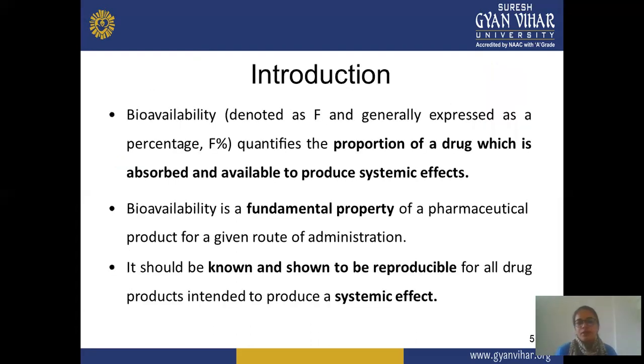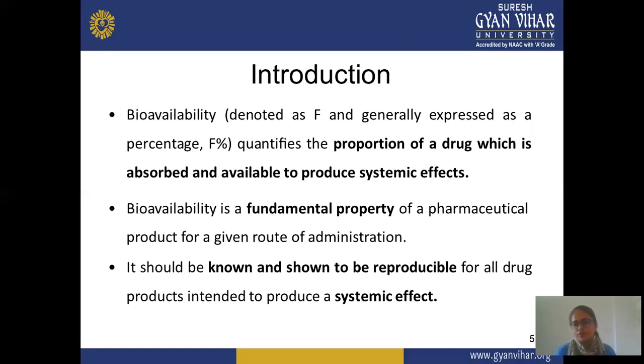Next, the introduction part. Bioavailability is denoted by F, and when you calculate the percentage of bioavailability, you write it with a percentage symbol. It quantifies the proportion of a drug which is absorbed and available to produce a systemic effect.